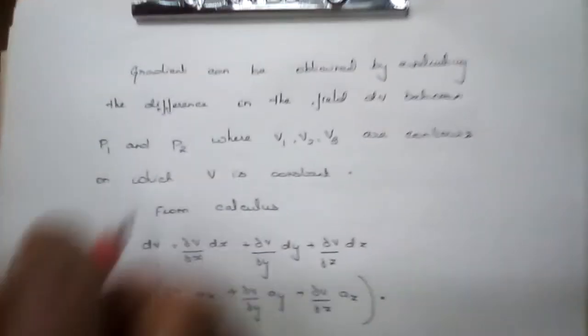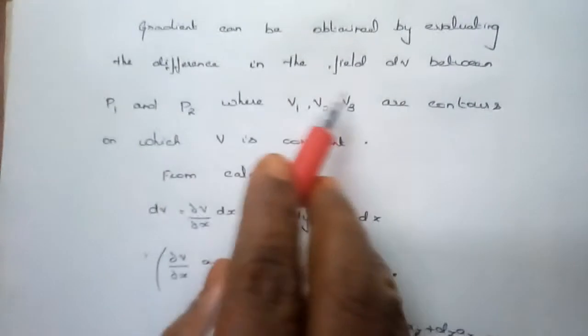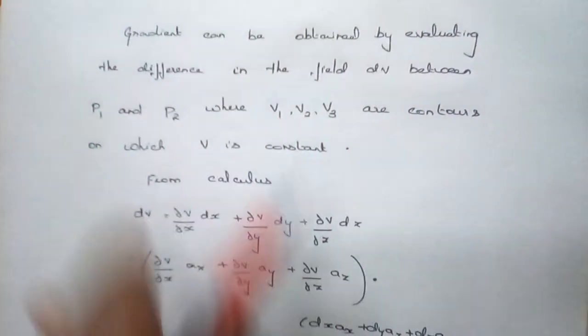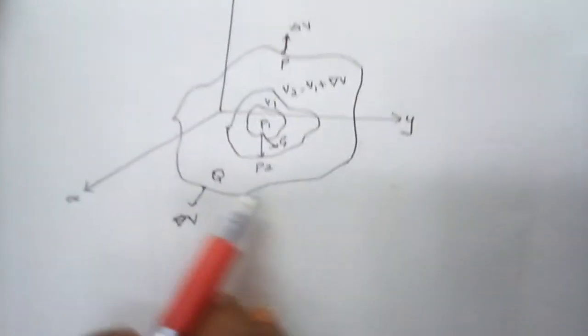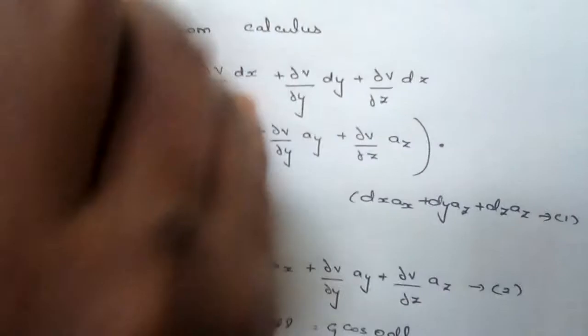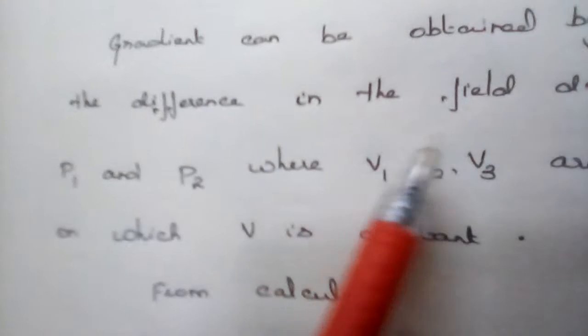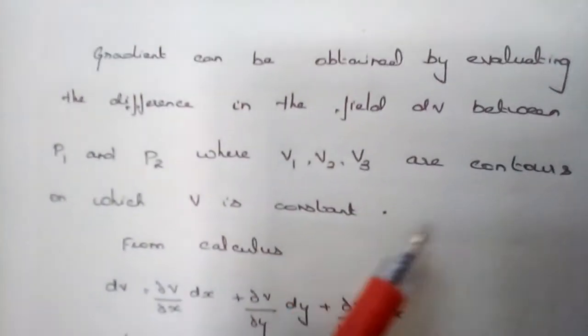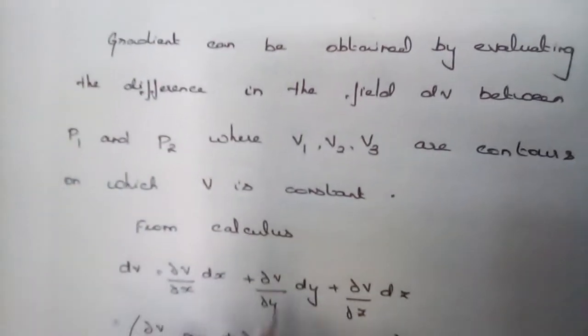The gradient can be defined by evaluating the difference in the field dV between P1 and P2, where V1, V2, V3 are the contours of V, and V is constant on each.